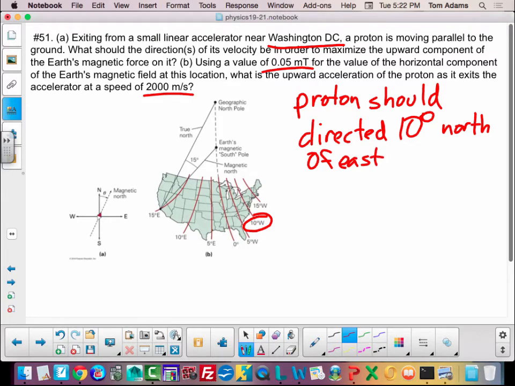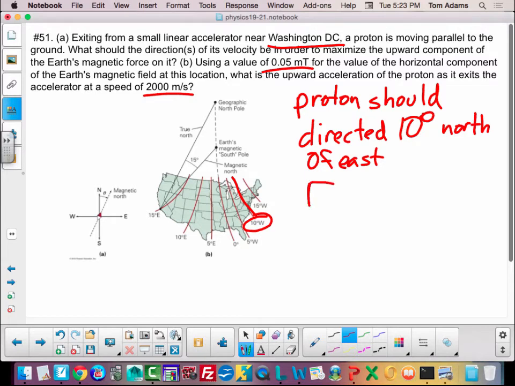Because for the maximum vertical force, the proton's velocity should be perpendicular to this field here. And since it's off by about 10 degrees west of true north, then we would direct our proton 10 degrees north of east to offset that. So then part B is find the acceleration.